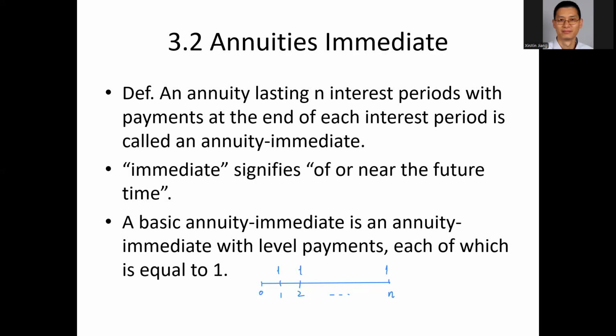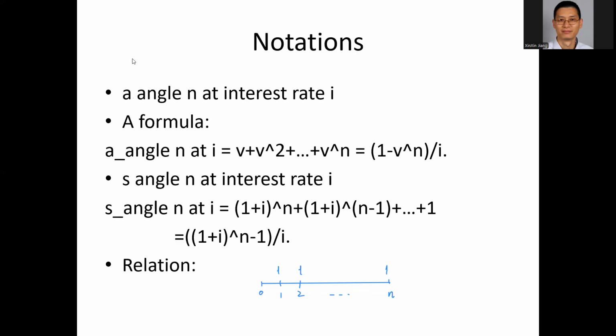All right, so let's introduce the notation and the formula. A basic annuity immediate, which is this thing, has its present value denoted by A sub n angle i.